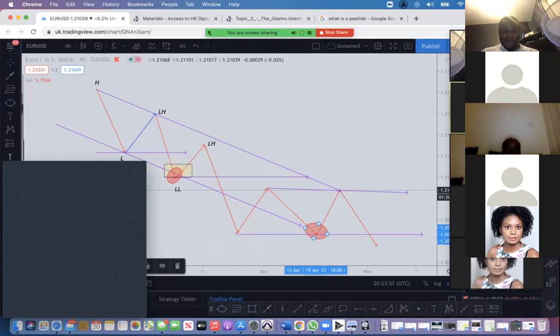Okay, somebody is talking about BOS. I label this area, the lower high that I have over here, and this point inside the consolidation, the second point inside the consolidation. What is similar between both of them? They're both on the BOS, right?